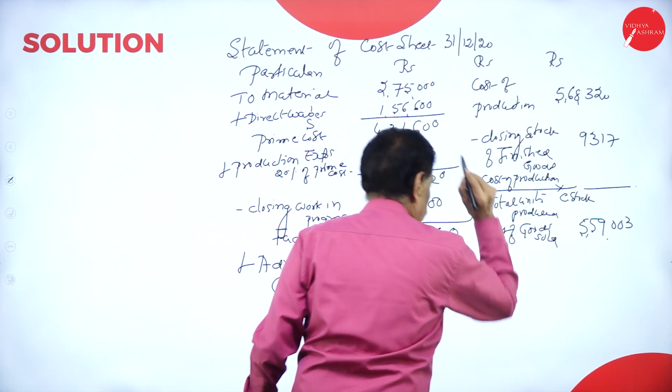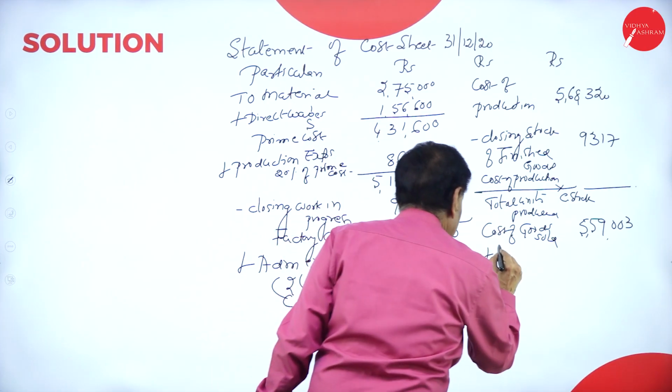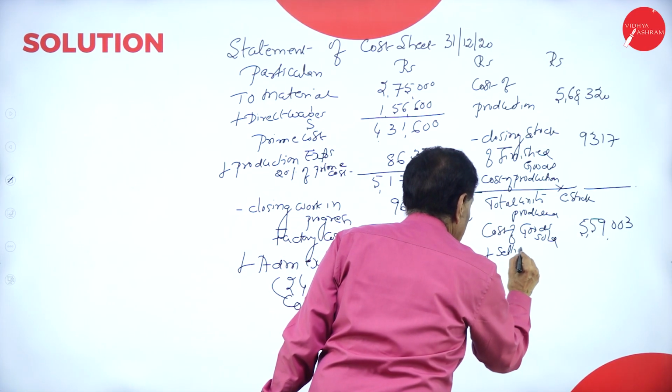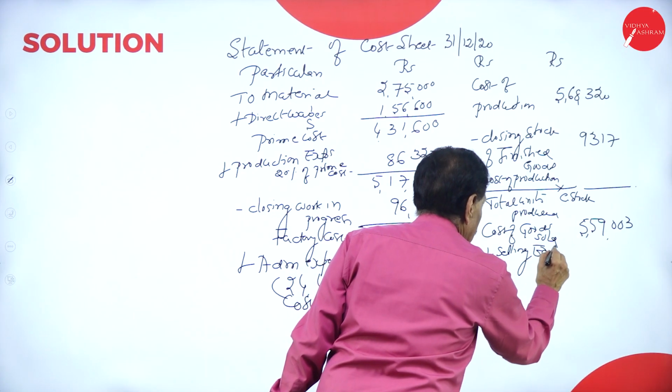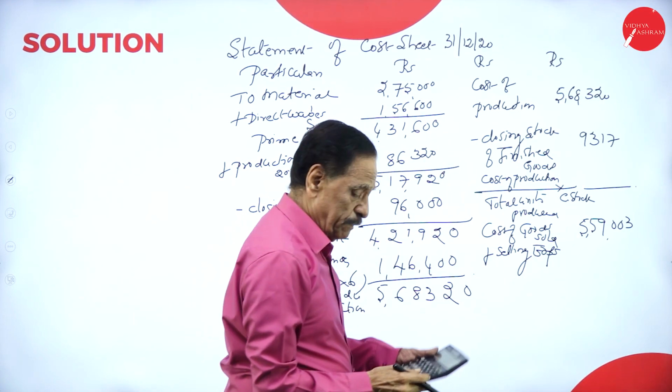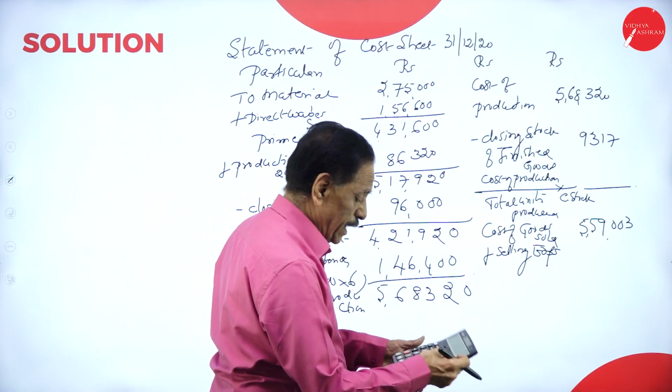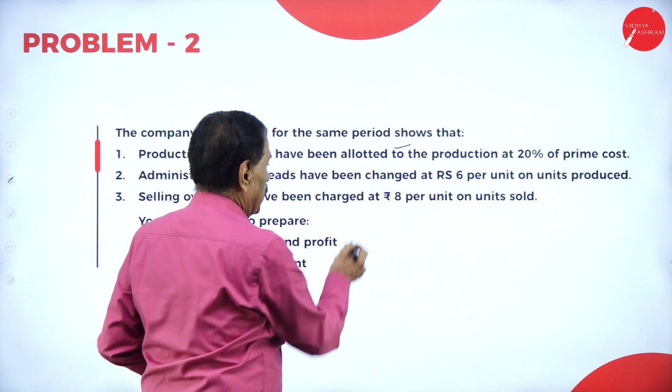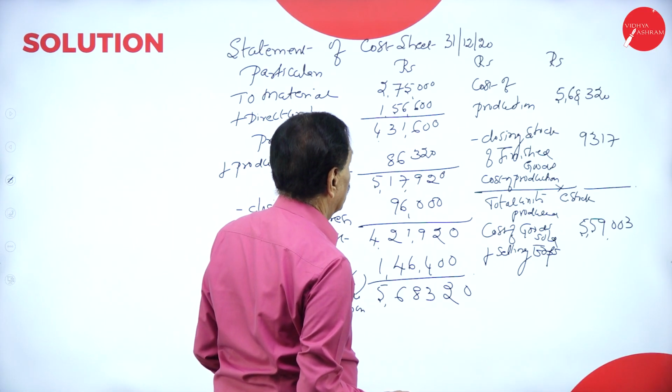Plus selling expenses. What's your selling expenses? Selling expense have been charged at 8 per unit sold.